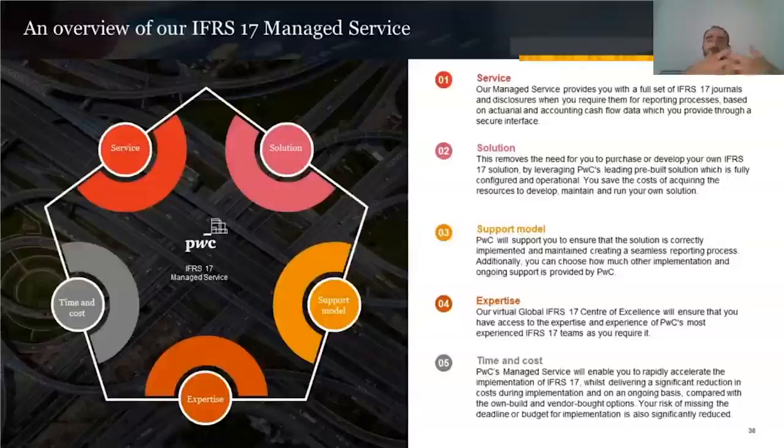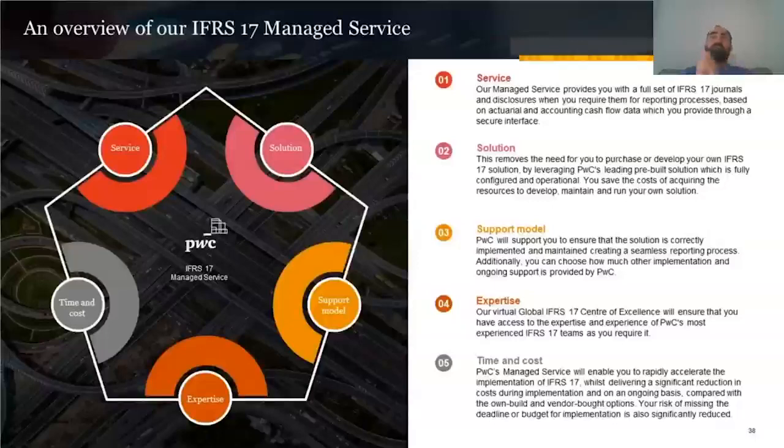Now, clearly, as PwC, we've built IFRS 17 in a box, and I guess that's another option open to clients. Clearly, we are biased in this, but we think that's a fantastic option for clients if you want to go down the route of buying a vendor solution.